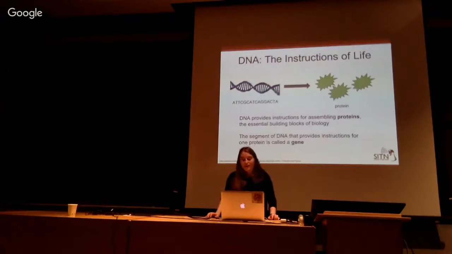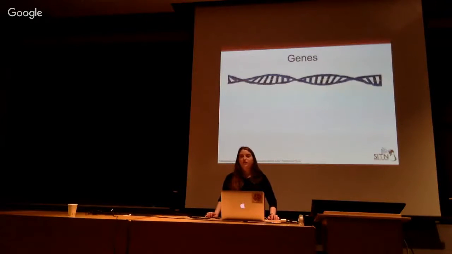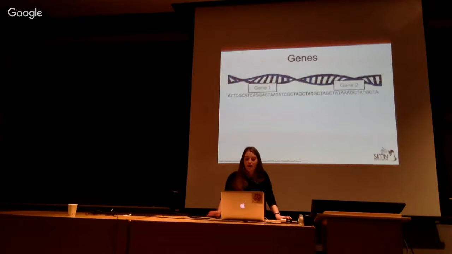The segment of DNA that provides instructions for one protein is called a gene. By way of illustration, let's say this is the sequence on this particular stretch of DNA. We can say that the sequence in green is gene 1, and the sequence in purple is gene 2.